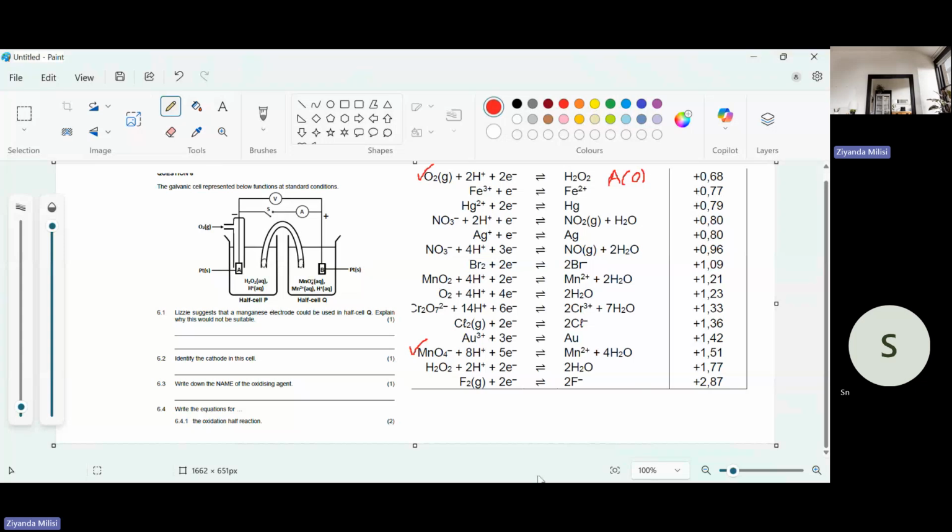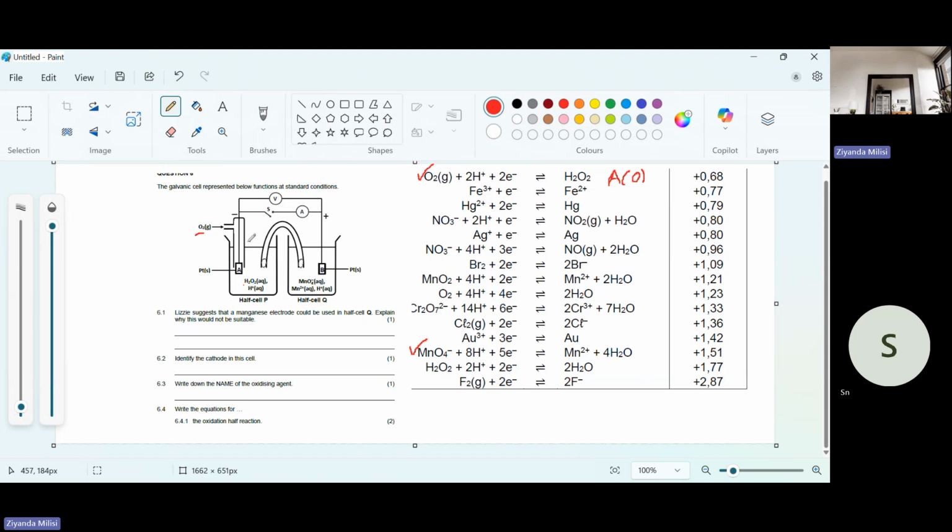Okay, all right. From this, you looked at what you have here to identify your half reactions. When we look at this galvanic cell, on the other side of the cell you've got O2, H2O, and H plus.